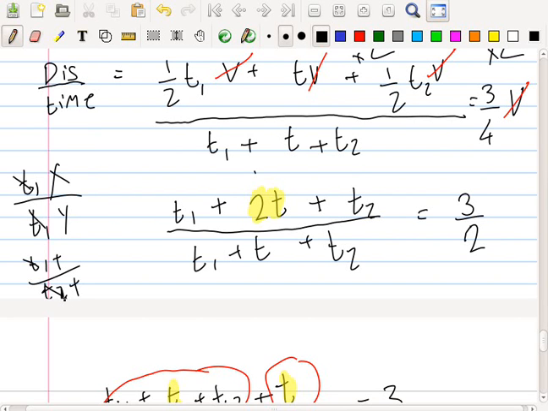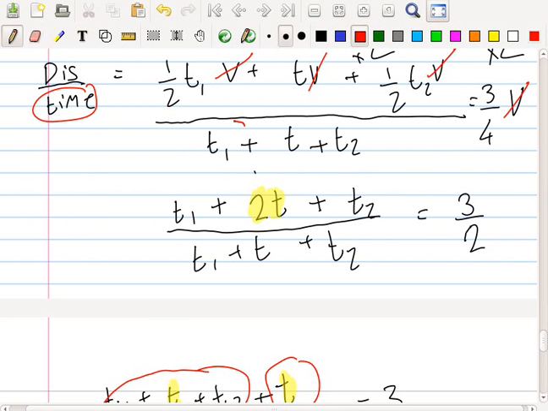Yes? When you divided V by both sides, why isn't it divided by the distance over time? This one here, yes, I divided both sides by the total time. That's this here, and this here. I just wrote time here for short.